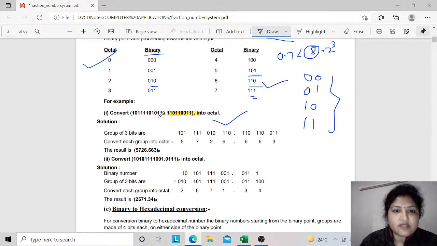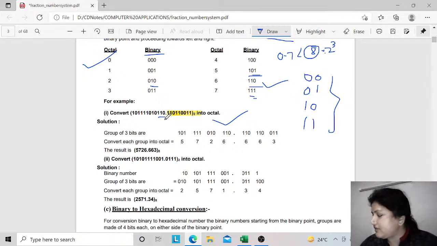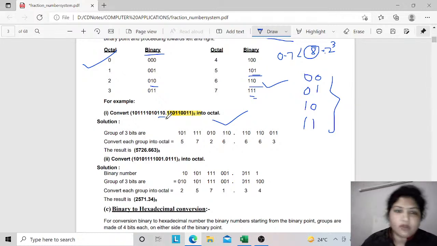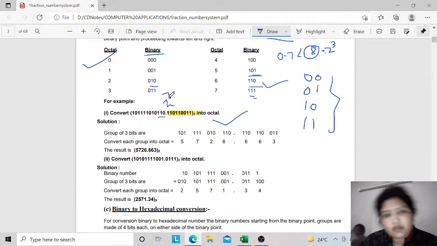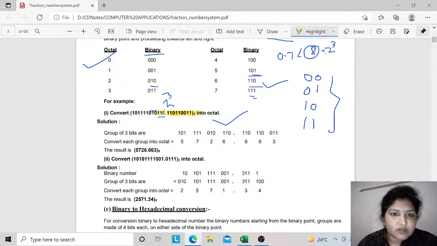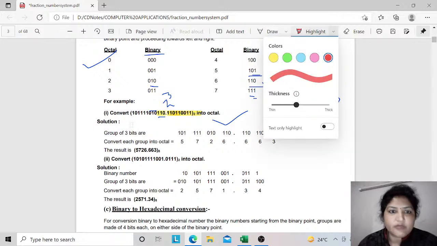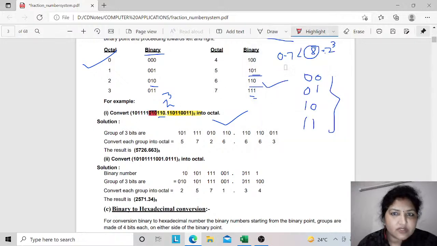So let us segregate from here, the integral part first, and then we will convert. Here we have 2 raised to the power 3 as our octal combinations. So here we have this combination. Let me show you with the highlighter so that you may understand it better. 0 1 0.